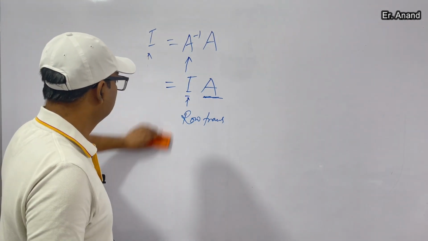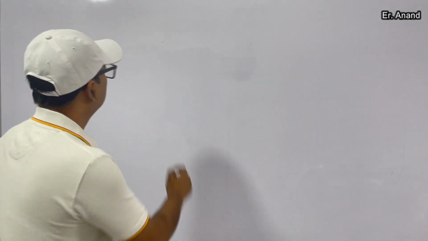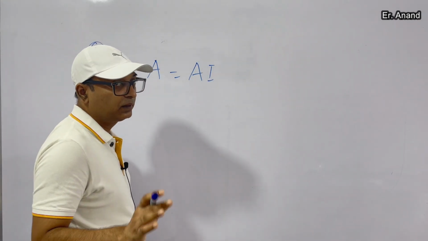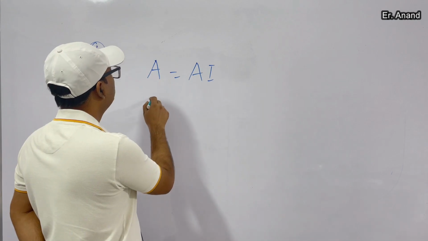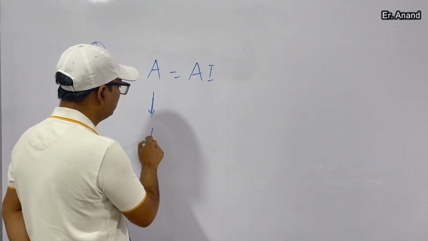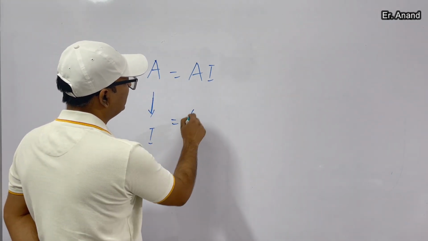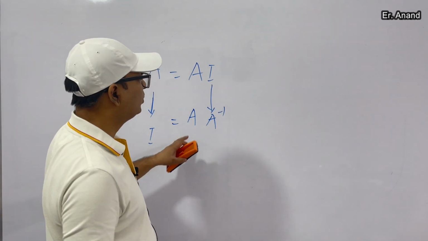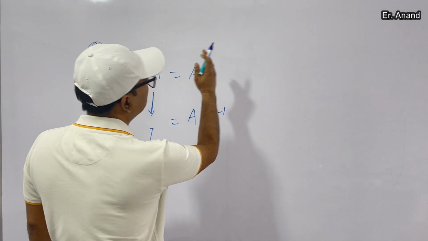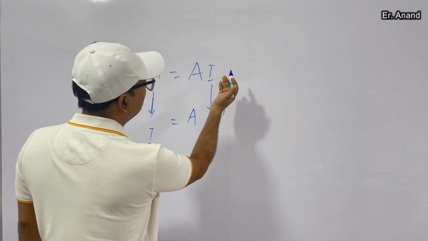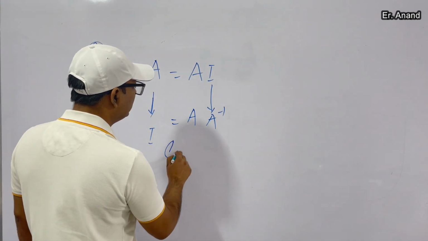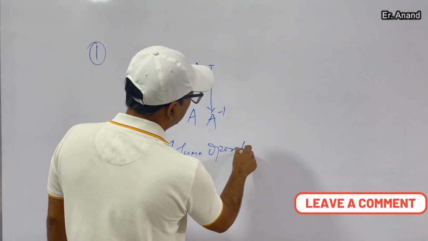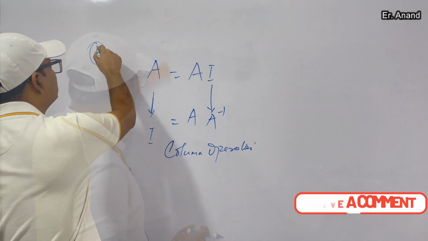Second way is, we say this is equal to A cross I. Now we do operations on this matrix to make it I, and similarly keeping this constant, we do operations on this matrix to make it A inverse. Which operations? Here, when I succeeds A, we do column transformations, column operations only.